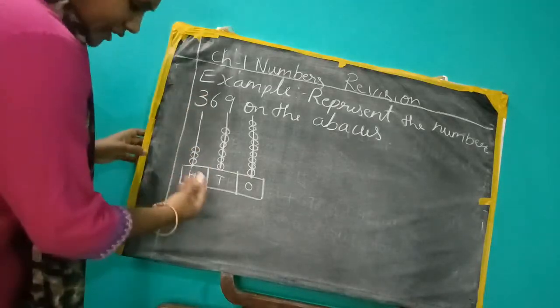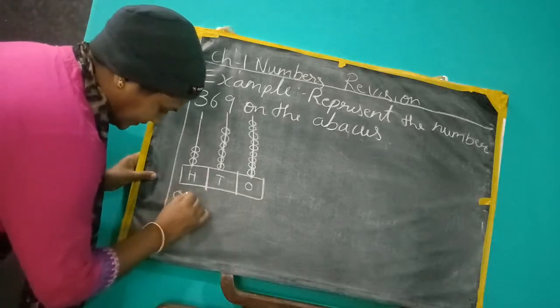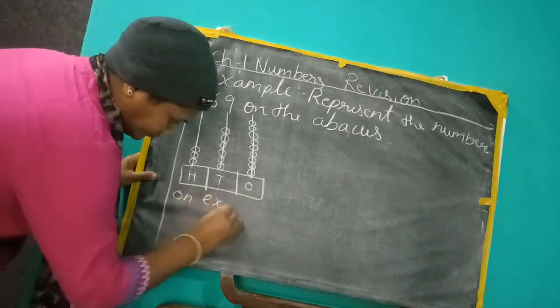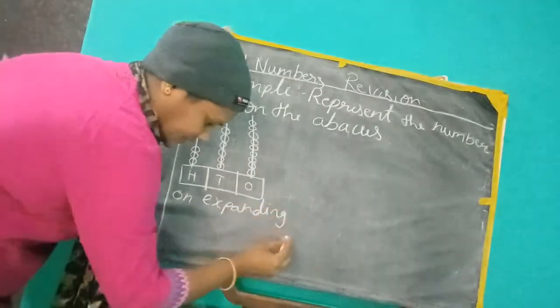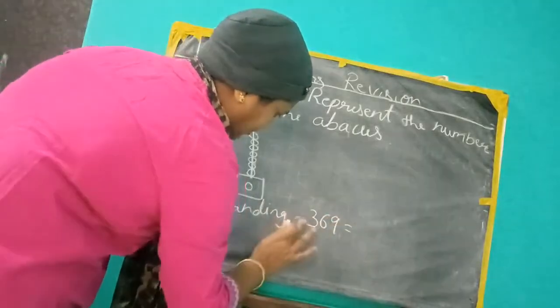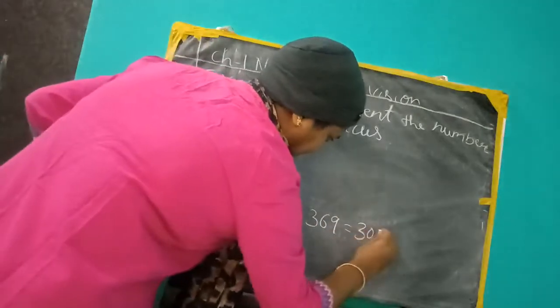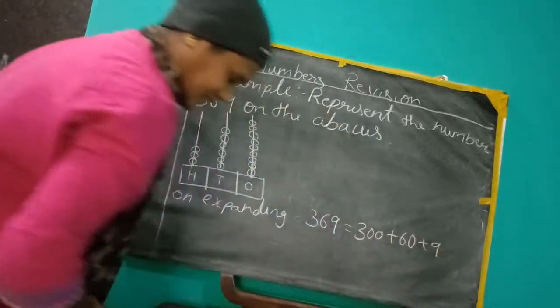Okay. Now you should expand this. Expanding means what? 369 is equal to 300 plus 60 plus 9. Yes or no?